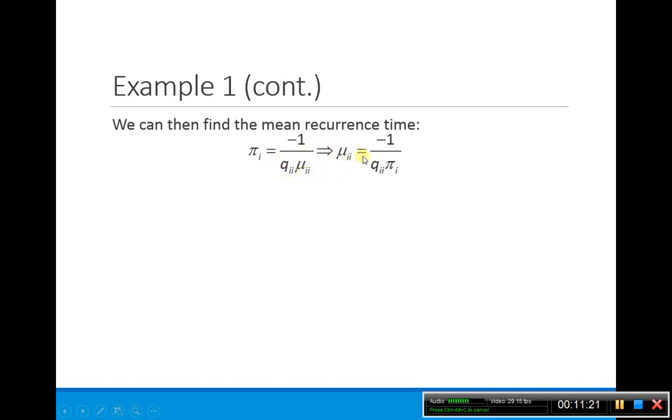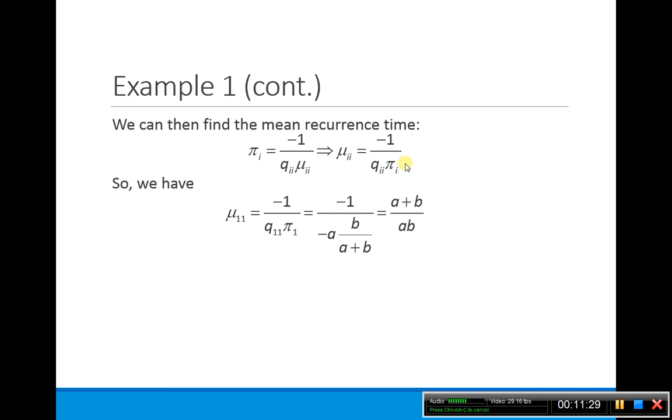So the mean recurrence time is given by this, negative 1 over qii pi I. For our example, the mean recurrence time for state 1 is a plus b over ab, and for state 2 is a plus b over ab, the same.